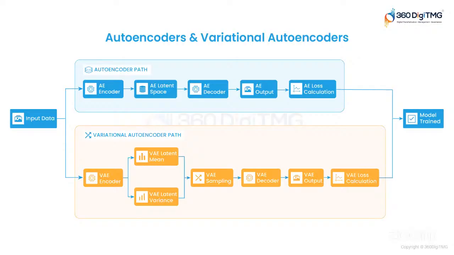By using this mean and variance, we have our distribution, which is also called a Gaussian distribution, within our latent space. Once the distribution is generated from the encoder layer, it goes to the variational autoencoder sampling layer.